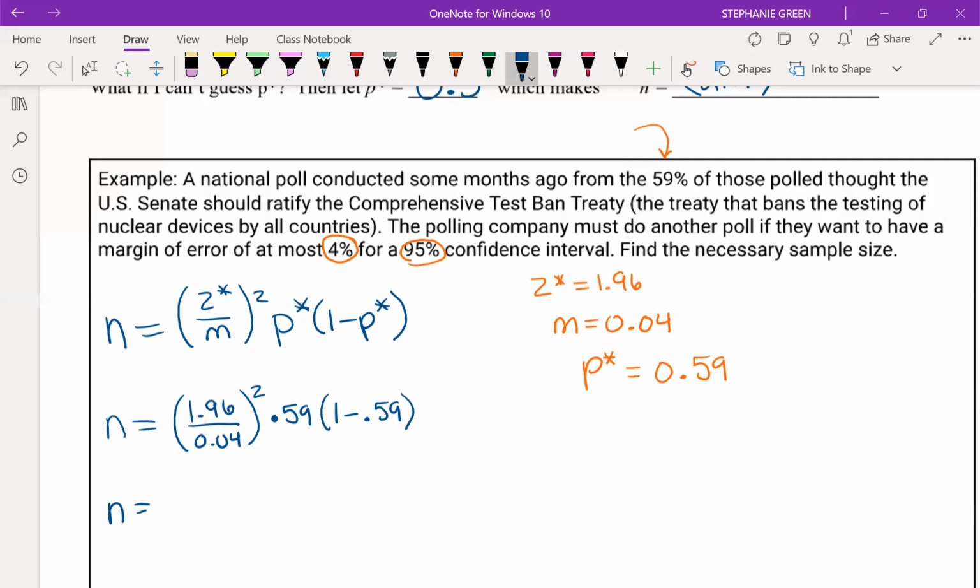All right, so I'll start with my parentheses, 1.96 over 0.04 is 49 exactly. And here, 1 minus 0.59 is 0.41, which I can then multiply by 0.59 to get 0.2419.